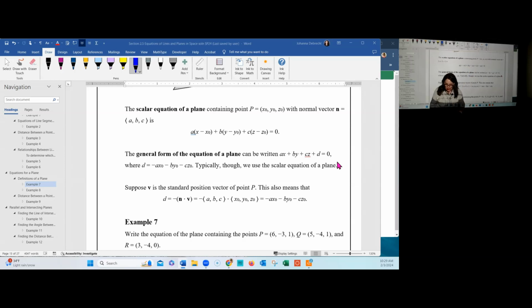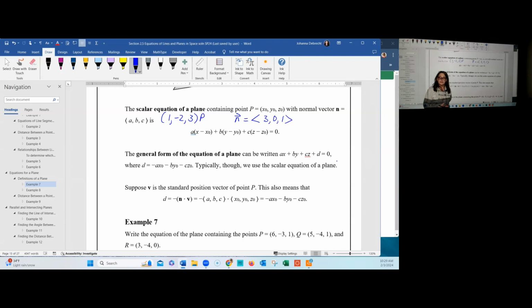So let me give you an example of what this would look like right down here. So let's say that we had a point 1, -2, 3. This is my point P. And I have a normal vector of 3, 0, 1, right? Then how would I write the scalar equation of the plane?